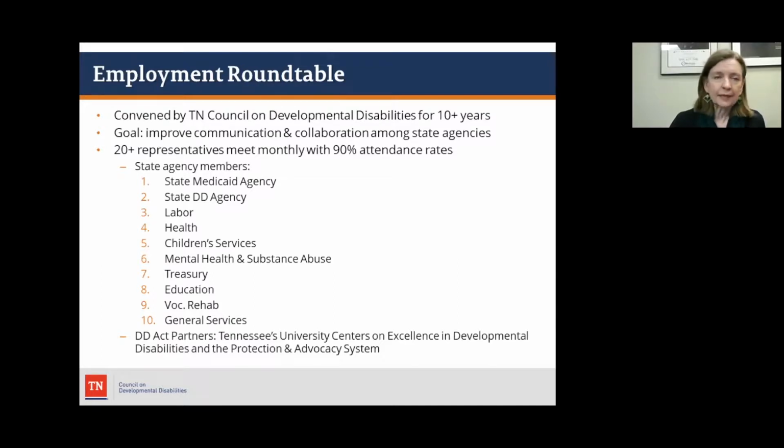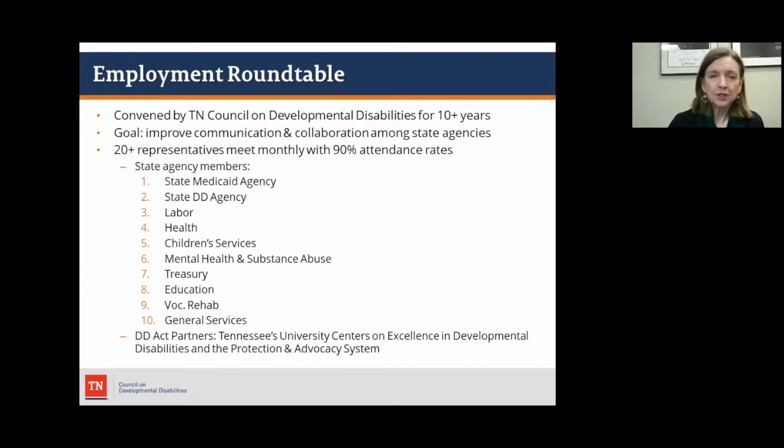The council began probably 15 or 20 years ago convening what I call the usual suspects when it comes to employment services for people with disabilities, and that is Voc Rehab, our DD agency that administered our Medicaid waivers, and the Department of Education. Along with one of our USEDs, we met on a monthly basis with this very small group, and that really set the pace for the council to coordinate this kind of conversation.